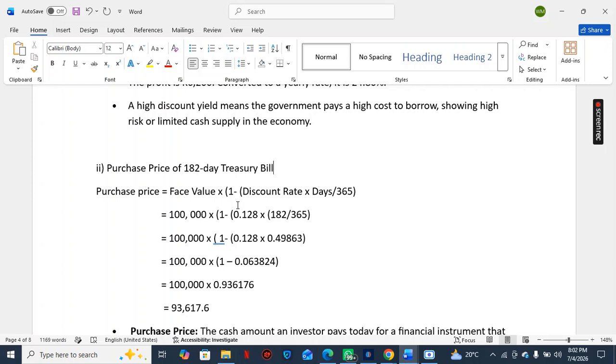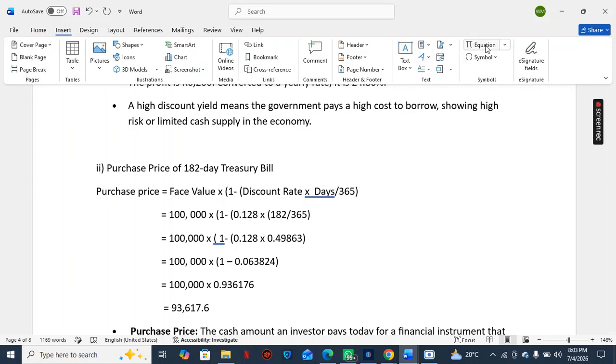Okay, we can resume. Yes, so the purchase price is the face value multiplied by 1 minus, open brackets, the discount rate multiplied by the days to maturity over 365. Let me put this properly in fraction form.